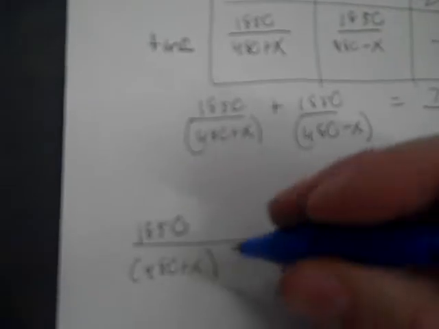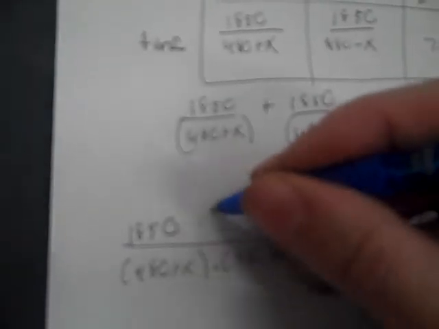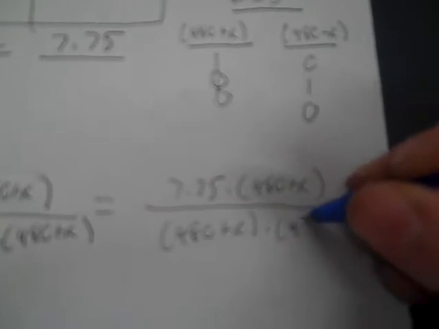Okay, 480 minus x. So I need to bring in a 480 minus x here and a 480 minus x here. Okay, and the same thing here, 480 minus x times 480 minus x.